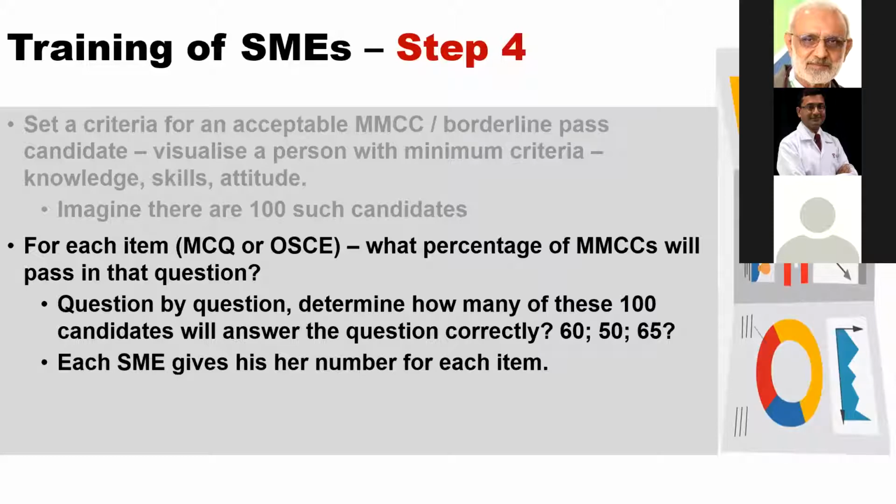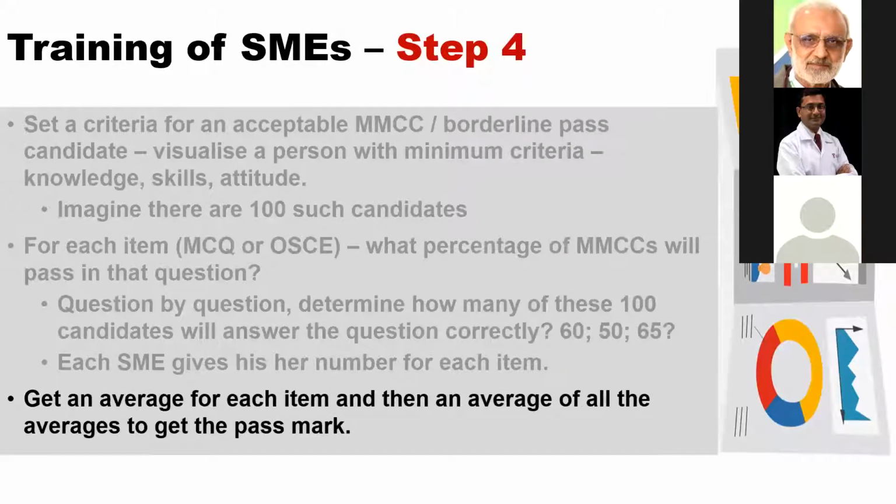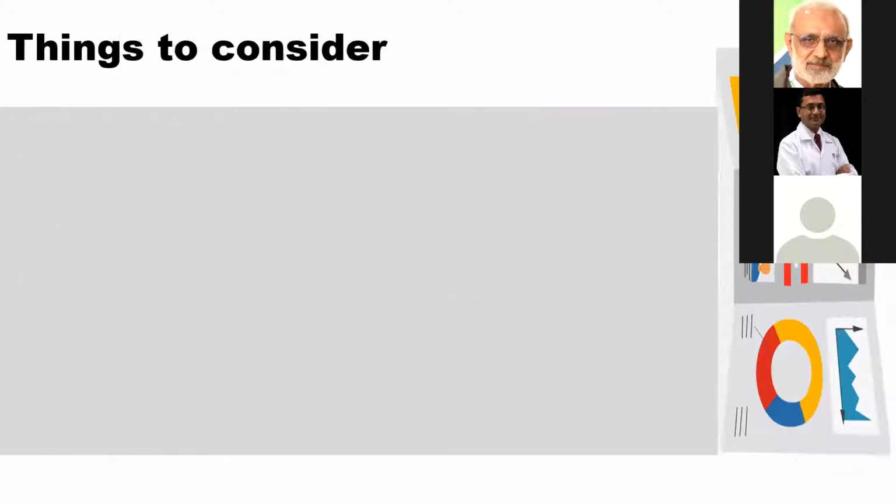Determine how many of these 100 candidates will answer the question correctly: 60, 50, 75, 85. Each SME gives his or her number for each item. Then get an average for each item and then an average of all the averages to get the pass marks.